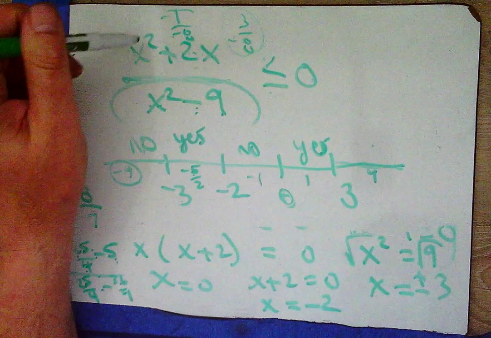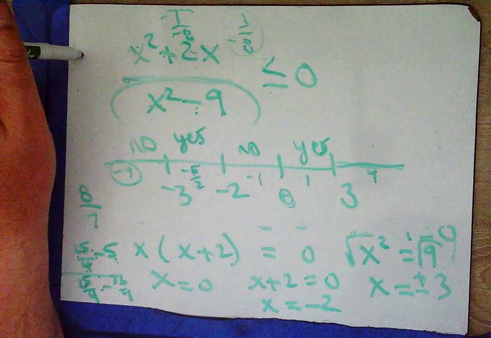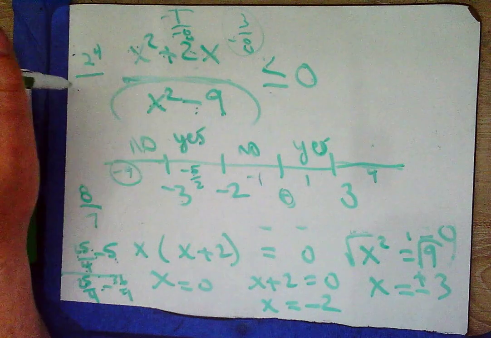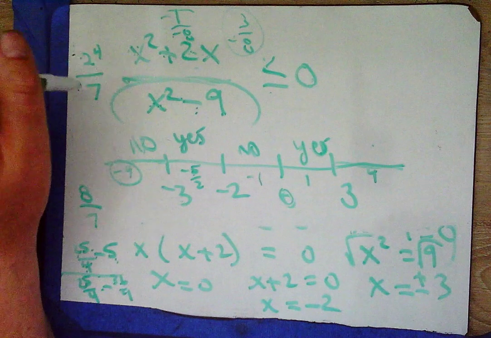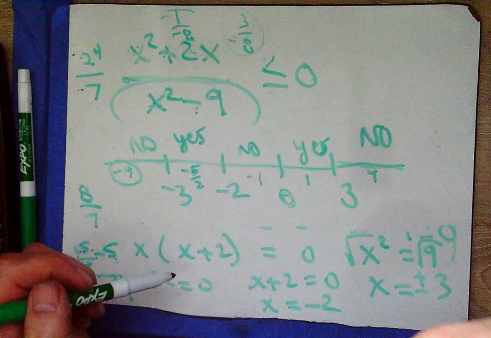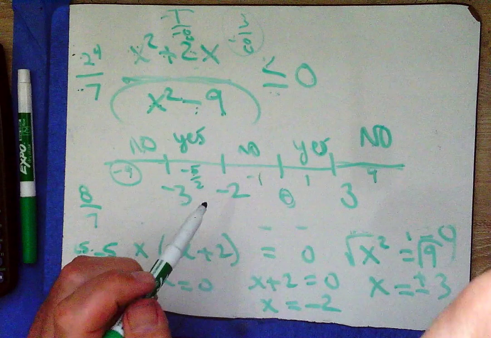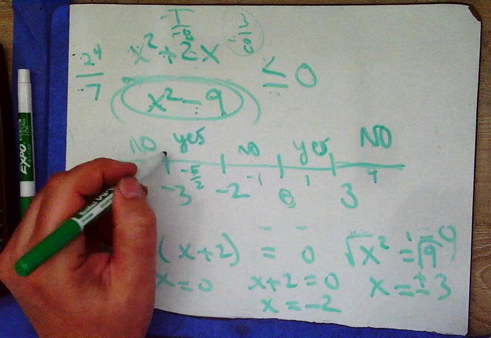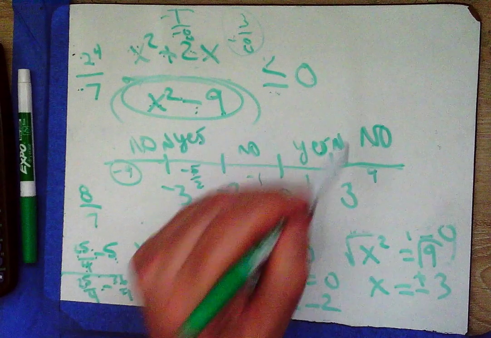All right, if I plug in a 4, I've got 16 plus 8 is 24. And here, 16 minus 9 is 7. 24 over 7, is that less than or equal to 0? No. Now, this is equal to. So what do I know? Well, I know the critical numbers from the denominator are never going to be yes.